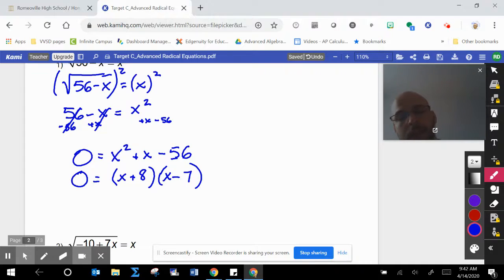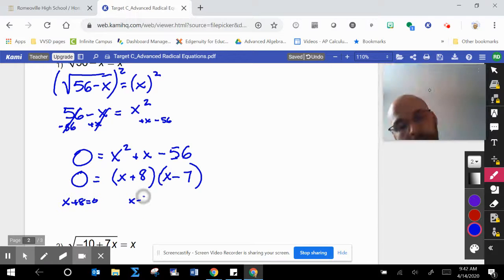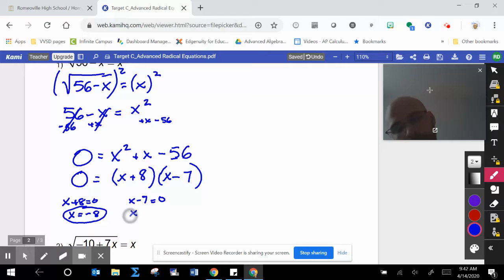Oops, I forgot my minus. So that gives you two solutions. And if I set those equal to 0, I know x plus 8 has to be 0, or I know x minus 7 has to be 0. If I subtract the 8, I know x has to be a negative 8. Okay. If I add the 7, I get x to be a positive 7.